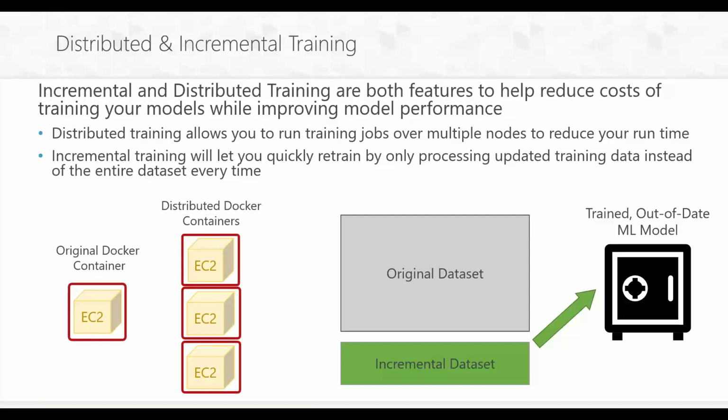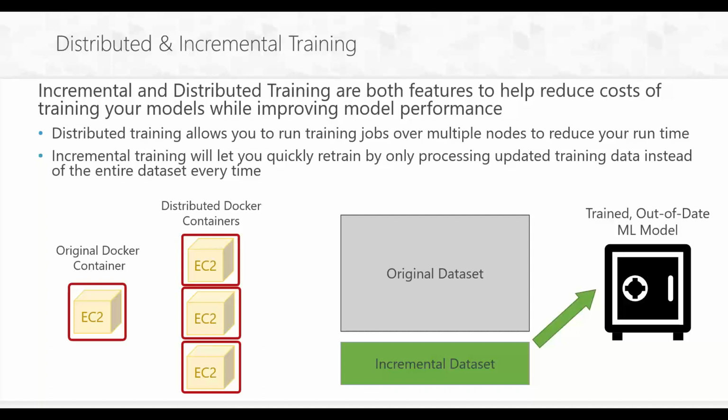And so what it'll do is it'll split up your training data set and give each compute node a specific shard of your training data set. And so this will speed up your model training runtime and thus reduce the cost of your model training compute instance.